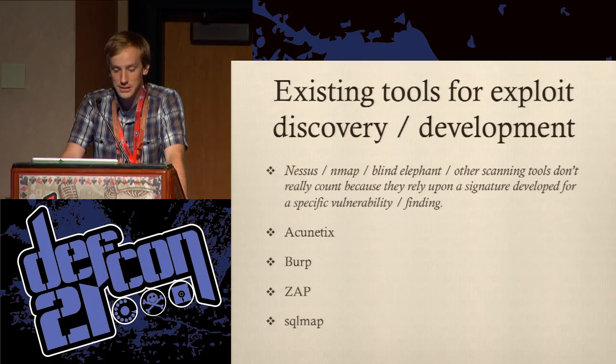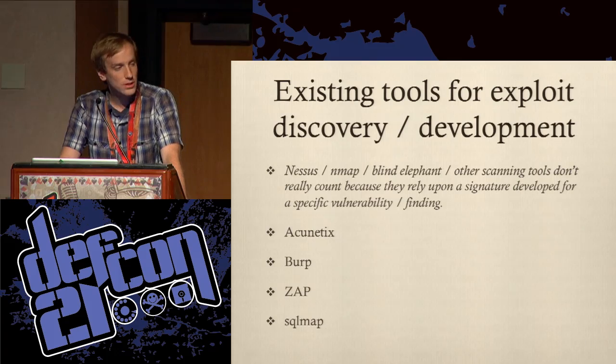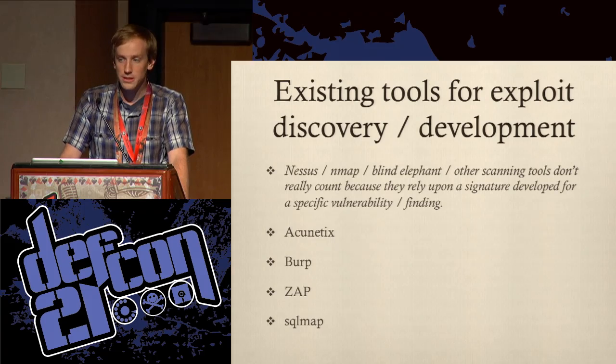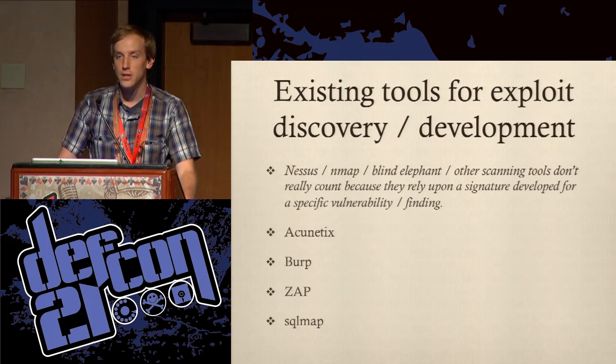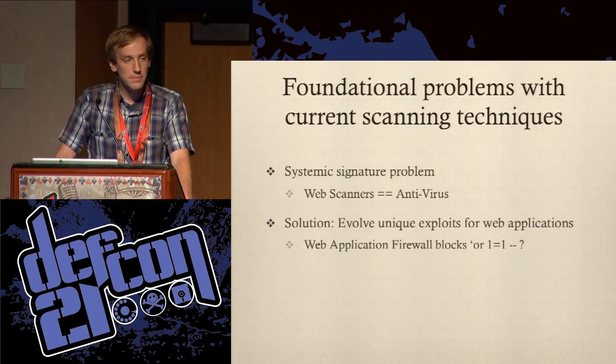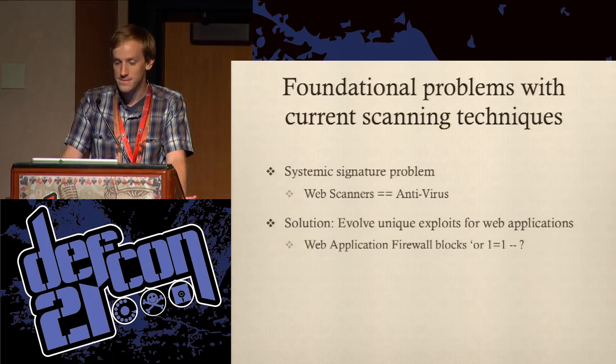I use Acunetix, Burp, Zap, and SQLMap very frequently, and they're all fantastic tools. But I realized running some of the other tools like Nessus, Nmap, other scanning tools, that there's this problem. There's this very big similarity with an existing industry. And it's a fundamental problem with web application scanners as we know it today.